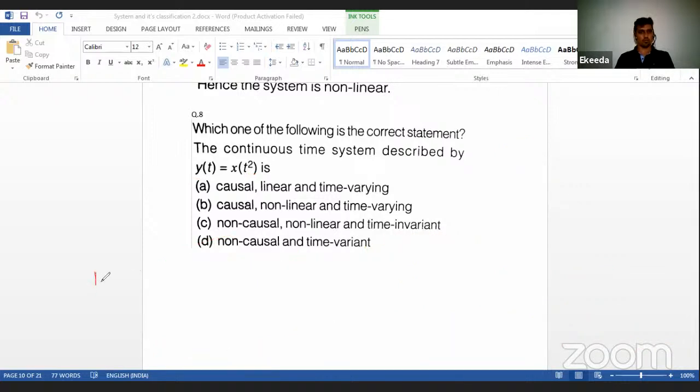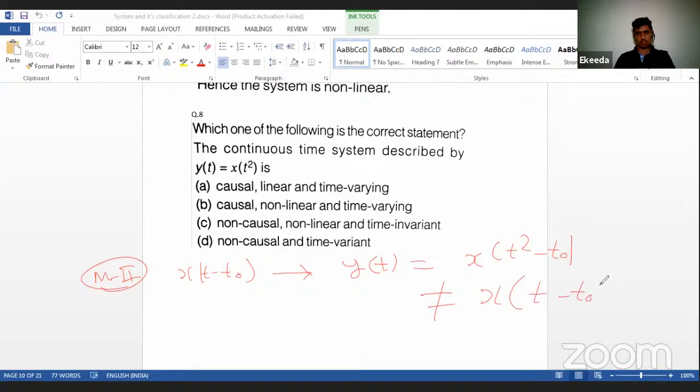You can use method 2 also, that when I am giving input x(t minus t naught), in that case the output y(t) will be x of t square minus t naught, which is not equal to x of t minus t naught, whole square.